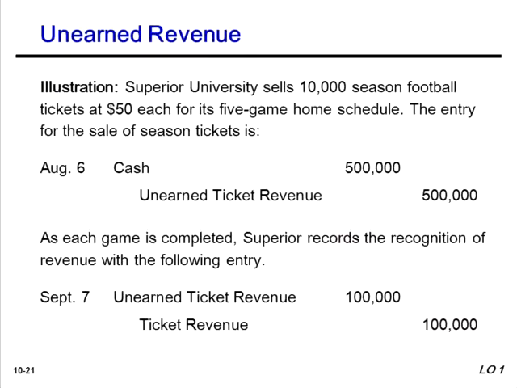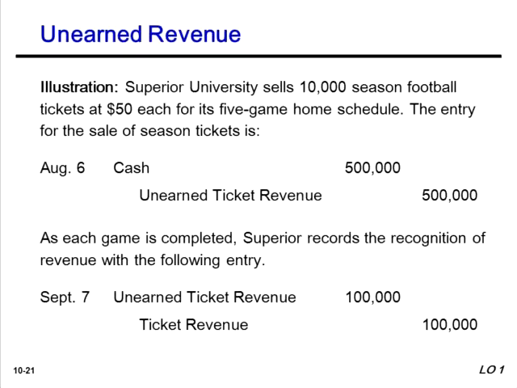And we have an example here. Superior University sells 10,000 season football tickets at $50 each for its 5-game home schedule. The entry for the sale of the tickets on August 6th, debit cash, credit unearned ticket revenue for $500,000. As each game is completed, Superior records a recognition of revenue with the following entry.